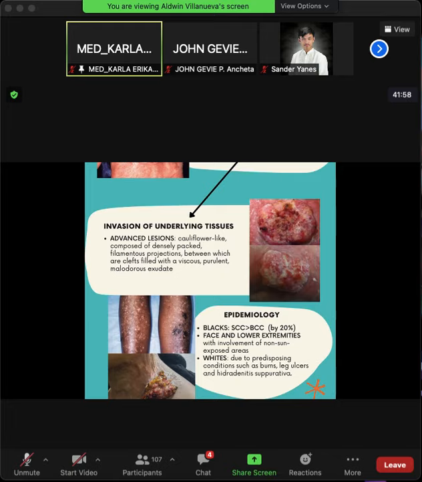So RUTT is your mnemonic for BCC. And of course, it was mentioned that the most common type of BCC is nodular. However, in young adults, it is superficial spreading BCC.